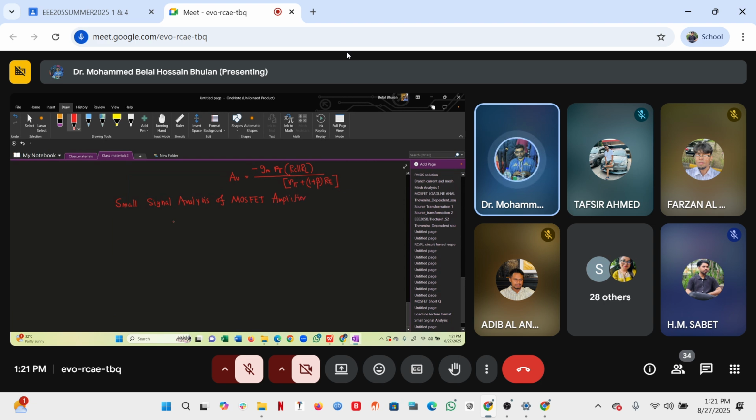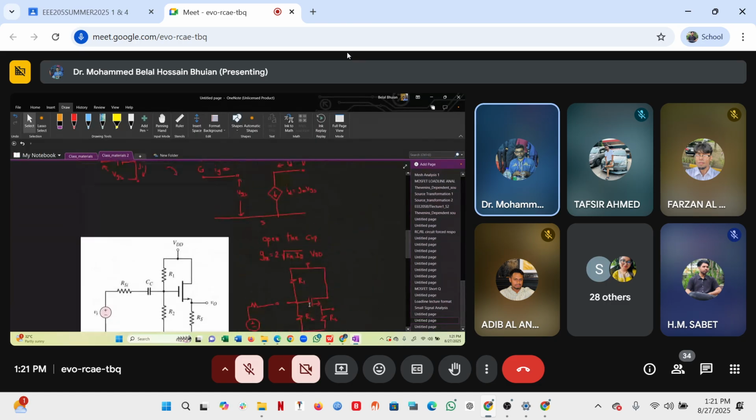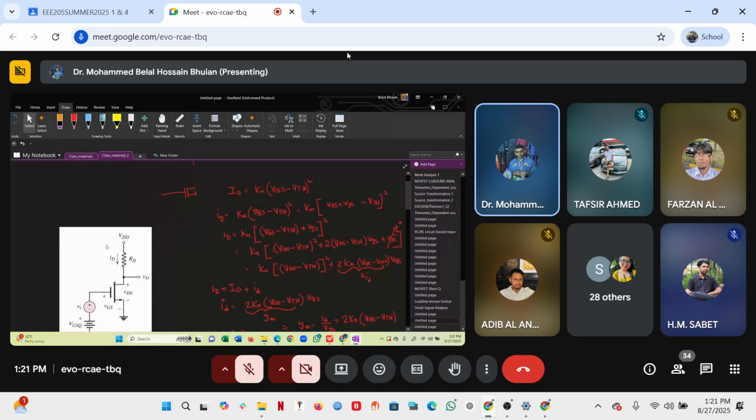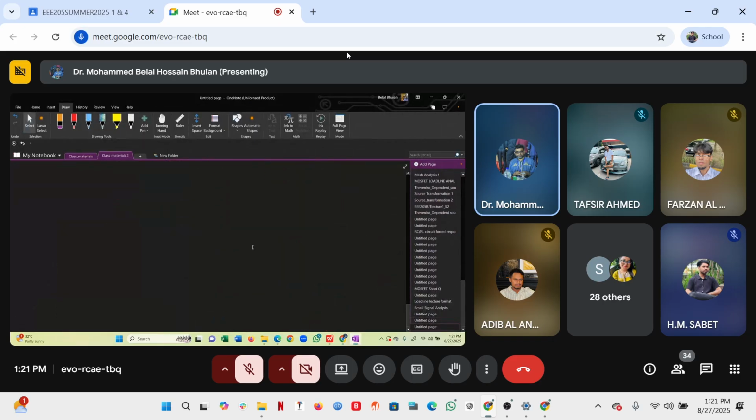So the basic amplification concept remains the same. Okay, let's say this is our amplifier.